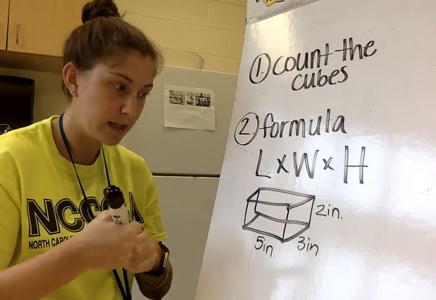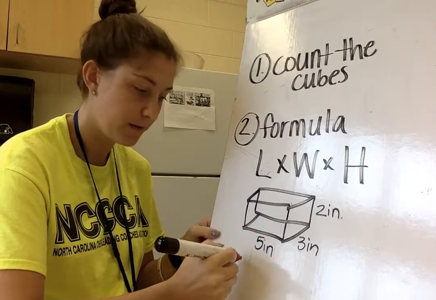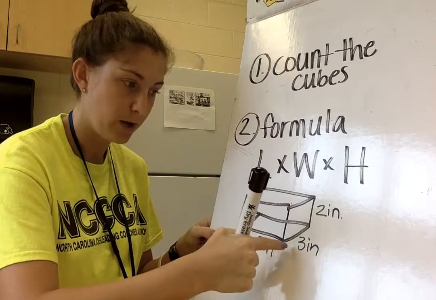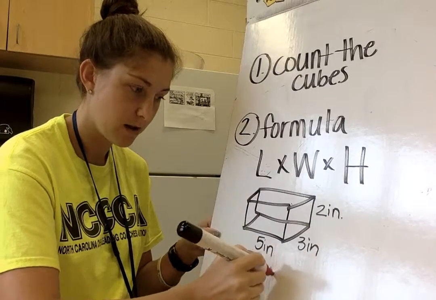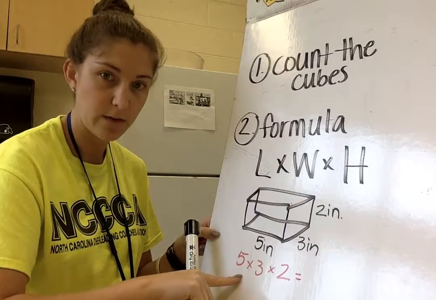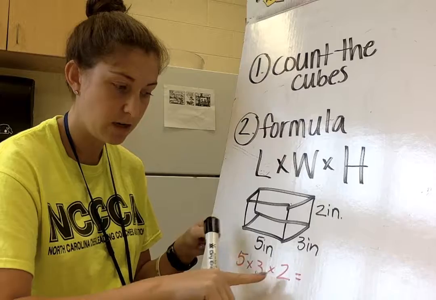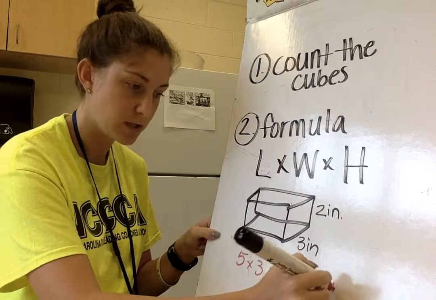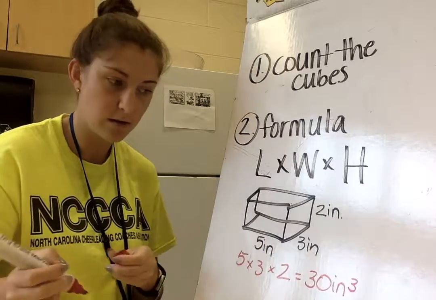So my length is 5, my width is 3, and my height is 2. So I know that 5 times 3 is 15. 15 times 2 is 30 inches cubed.